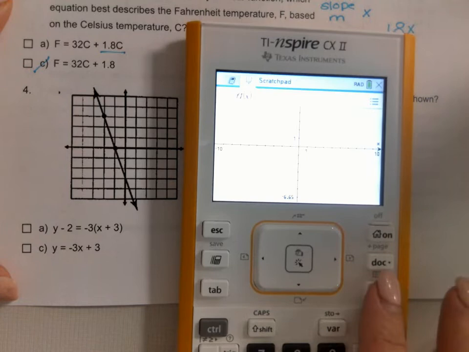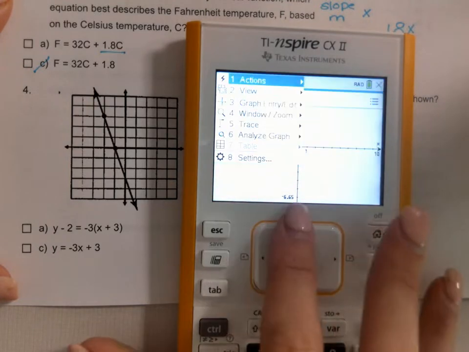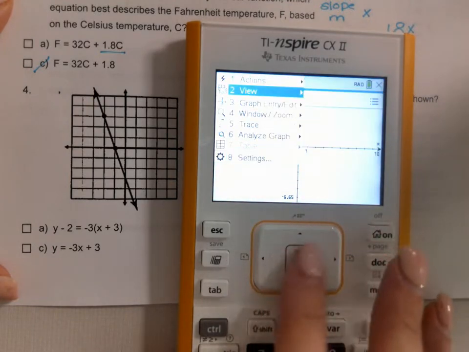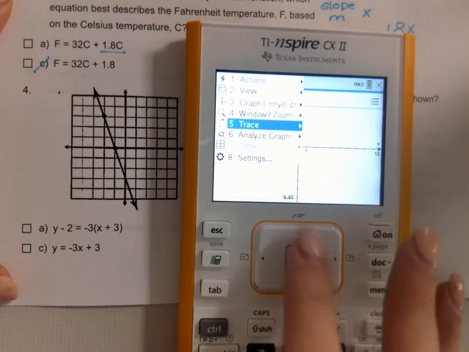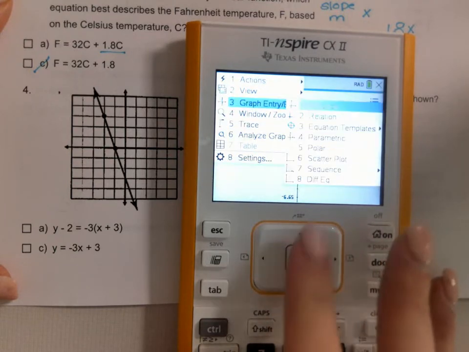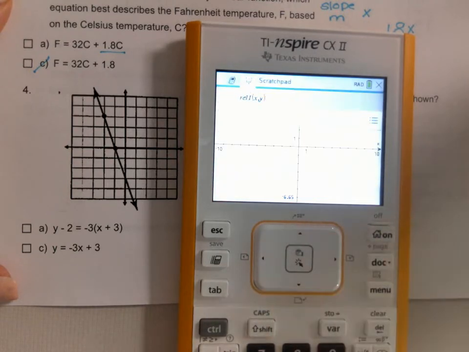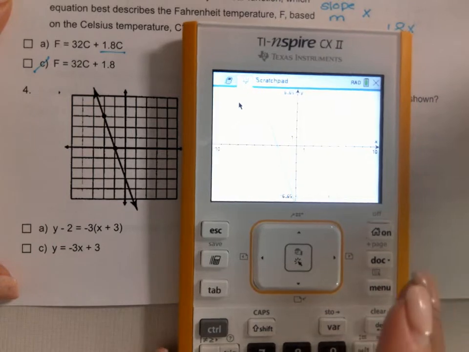To enter in an equation, I'm going to do menu, graph entry edit, and I'm going to type it in as a relation. So my relation, we have y minus 2 equals negative 3 parentheses x plus 3. And if I click enter, it should graph it.